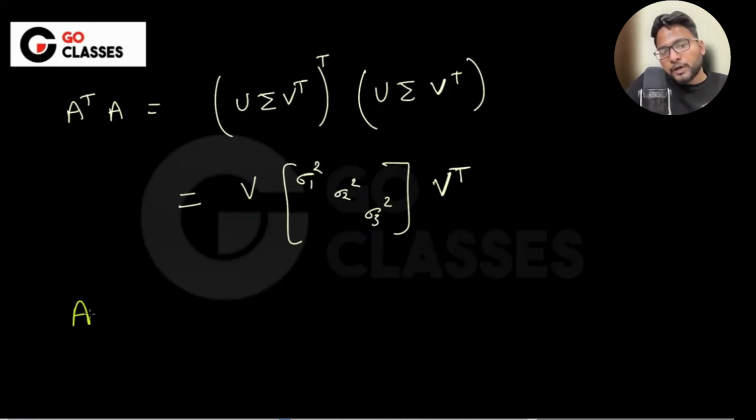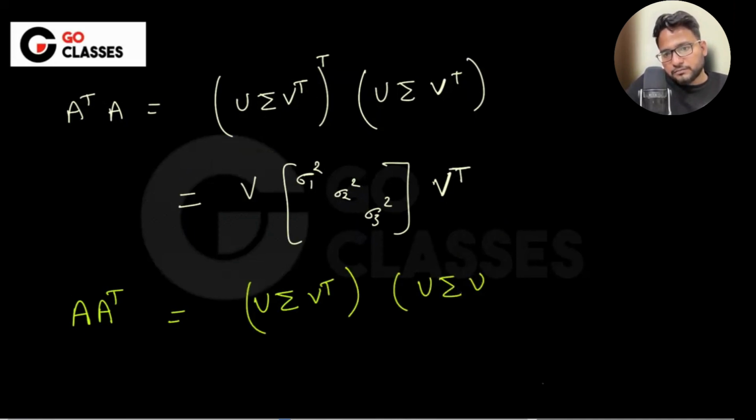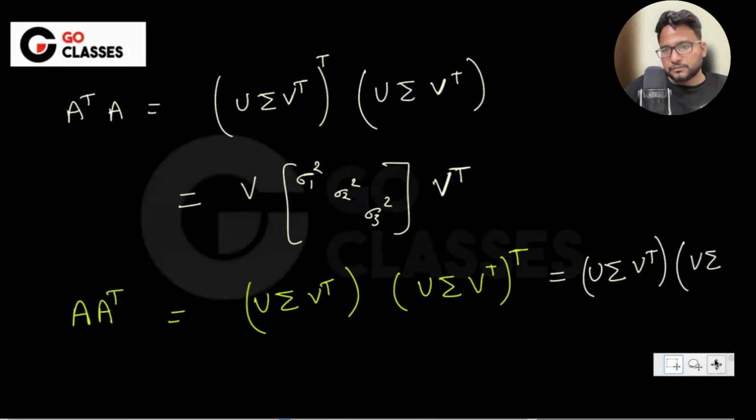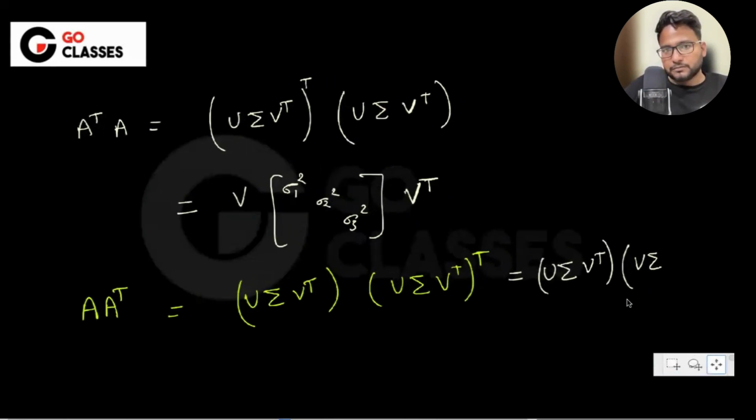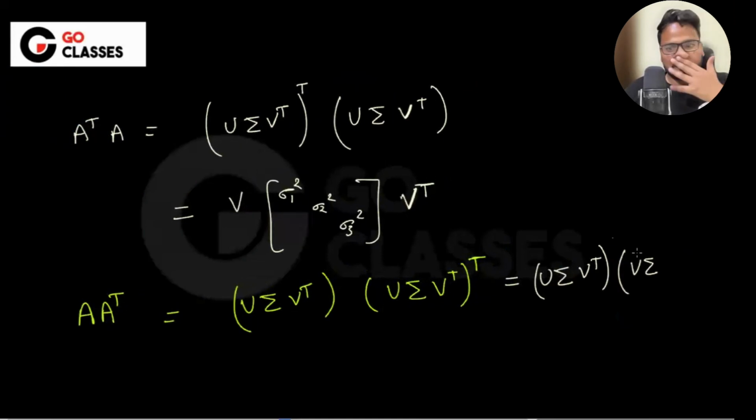Instead of A transpose A, what we can do? Let's just try with A A transpose. A is this. A transpose is this, right? Which is nothing but U sigma V transpose into V sigma transpose U transpose.